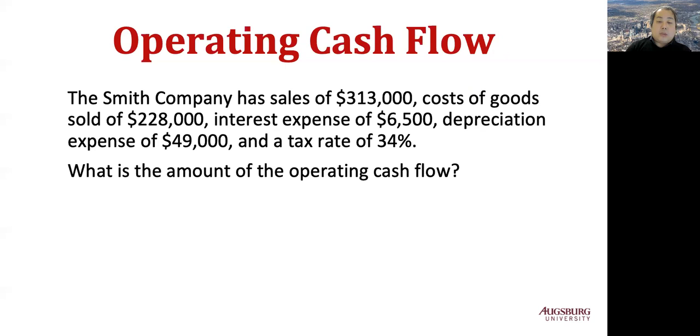What is the amount of operating cash flow? So to get the operating cash flow, we know the formula EBIT plus depreciation minus taxes, right? To get this, we need to build income statement first. So every time we calculate operating cash flow, build income statement first.